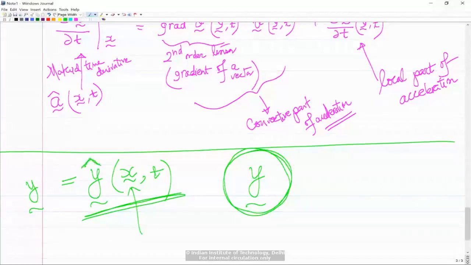You are just saying fix a position in the 3D space. Just think of it from physics. y is just a variable, it is not a function. When you fix y, it is like fixing a position in 3D space. And then you know that at different times, different particles will come to it.